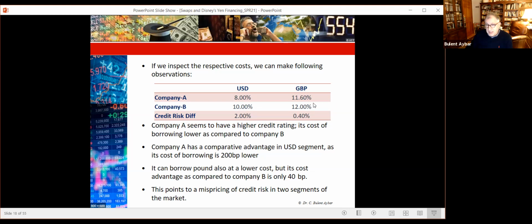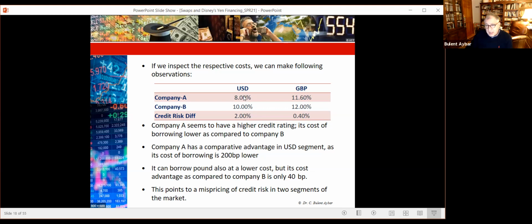So in this case, company B is seen as only 40 basis points more risky than company A. So we could consider the pound segment as company B's comparative advantage and the US dollar segment as company A's comparative advantage, where its advantage is much more significant. In this case, company B's disadvantage is relatively low.